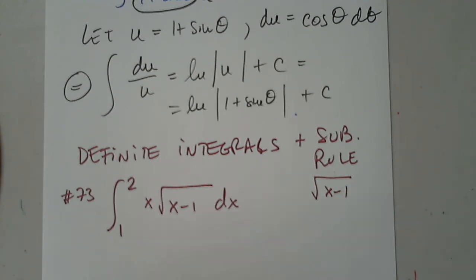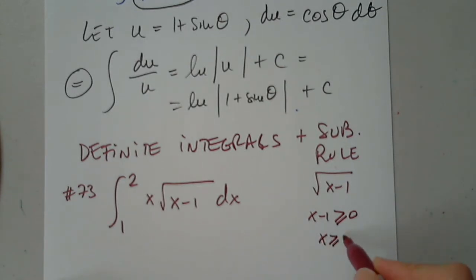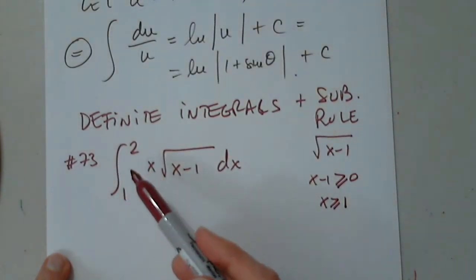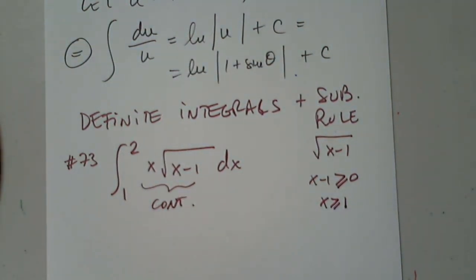It has to be greater than or equal to 0. x minus 1 has to be greater than or equal to 0, which means x is greater than or equal to 1. Awesome, brilliant, thank you. So this is continuous, so I can continue because the function is continuous.